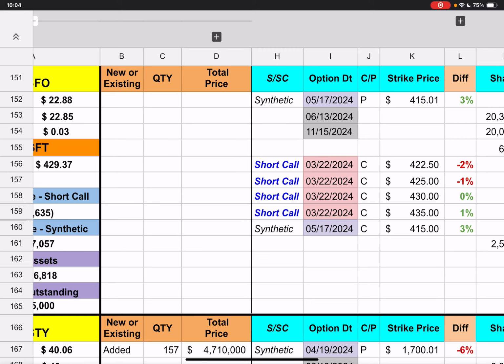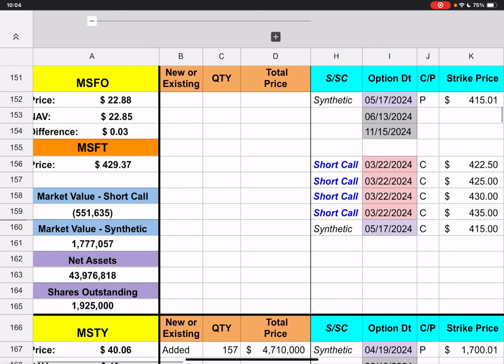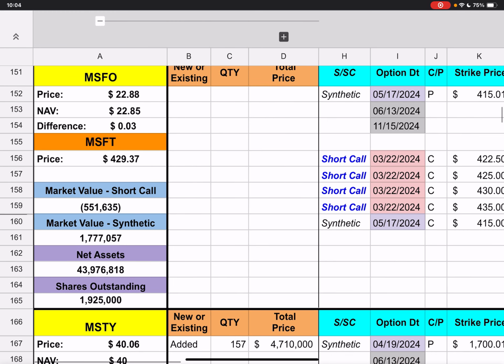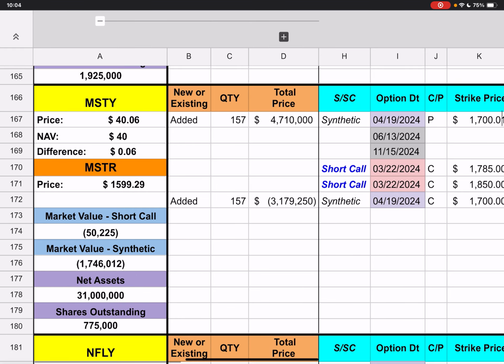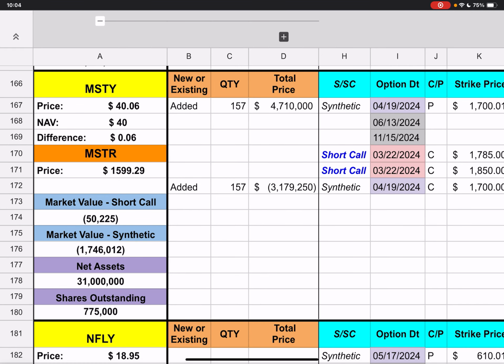We're over the first two by $7 and $4, or 1 and 2%. The 430 strike, we're only about 70 cents from it. We're about $5 away from the other. So one more day. And then you can see if we'd had to close these out, it would have cost us $552,000 today if we had done that at close today.